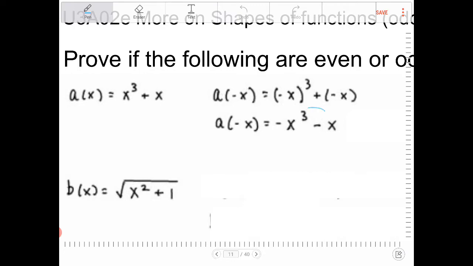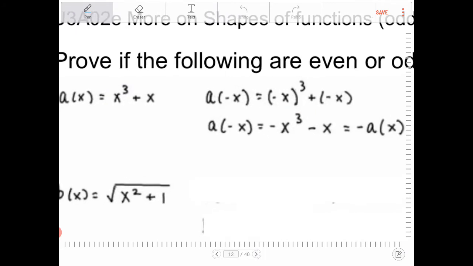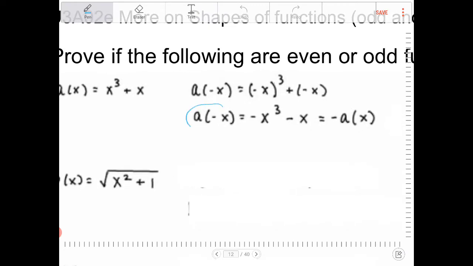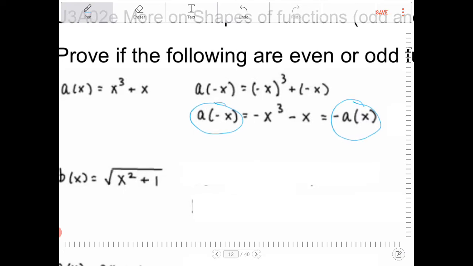Look at this closely. What's the relationship between this end result and what we started with? That's right. This is the negative form of what we had started with. So wait a second. If a of negative x is equal to negative a of x, where have we seen that?